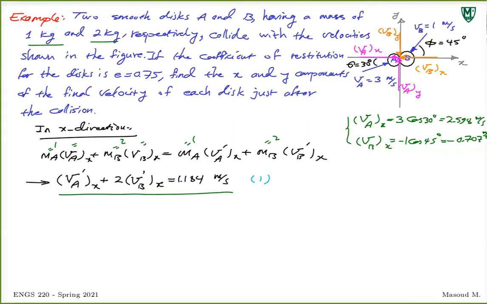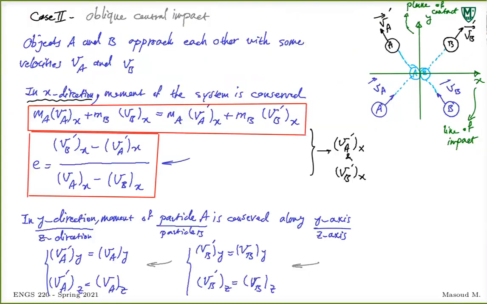That's one equation, 2 unknowns. So we need another one. Right? And the second one in X direction, remember in X direction we had 2 equations. In X direction, we can write what we were writing for the impact, similar to central impact. Now it's escaping my mind.